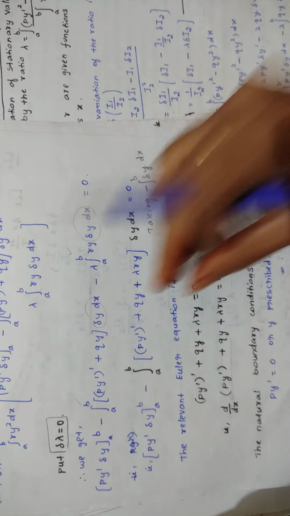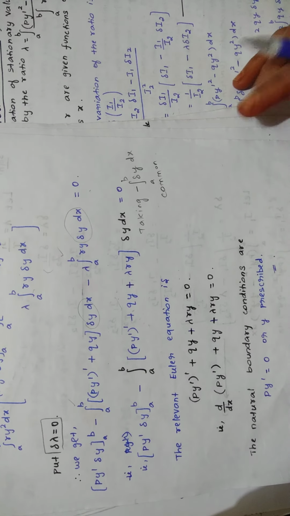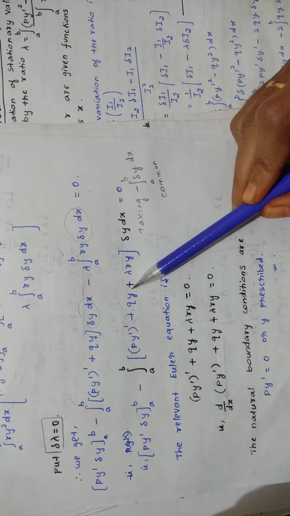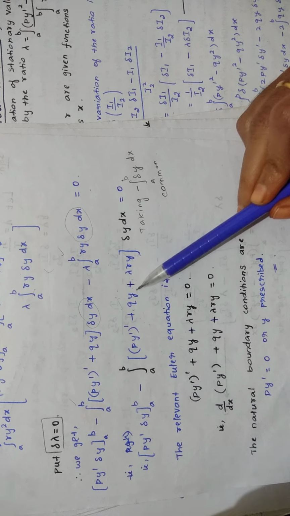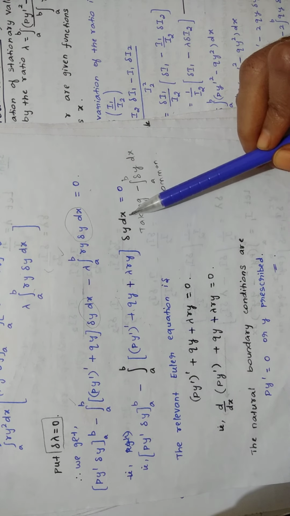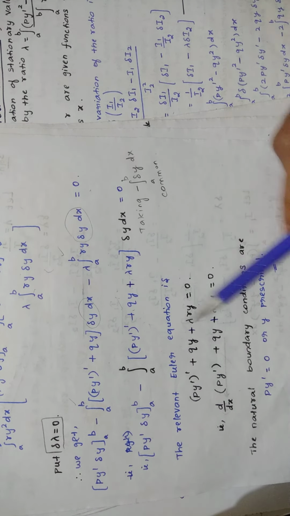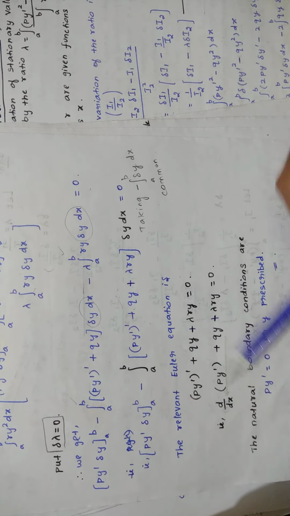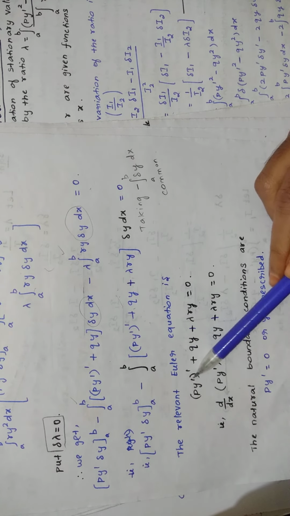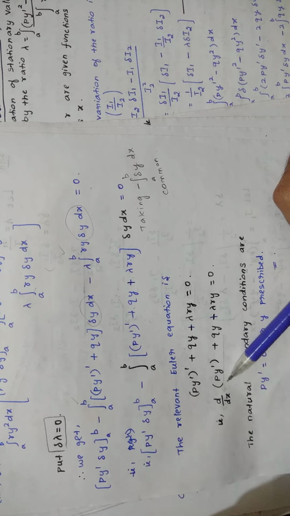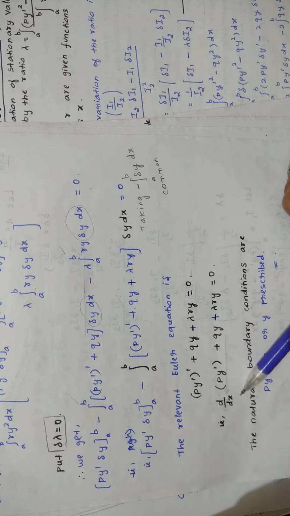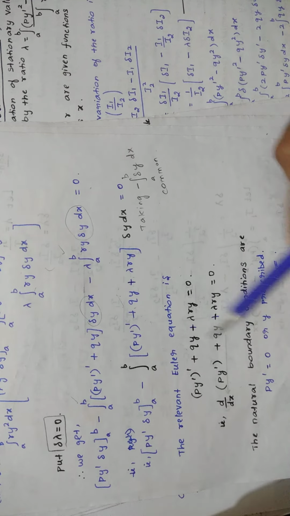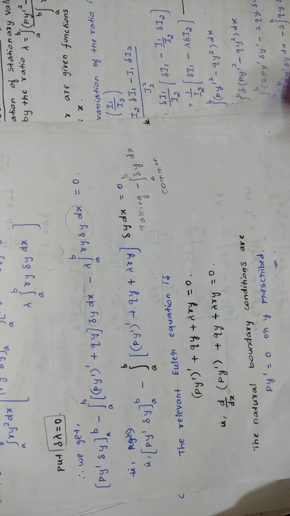Now using this you are going to write the relevant Euler equation, from the coefficient of delta y dx. So you write this. This is your relevant Euler equation. This can be written like this: d by dx of p y dash, the whole thing, plus q y plus lambda r y is equal to 0.